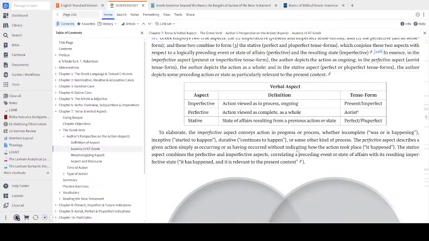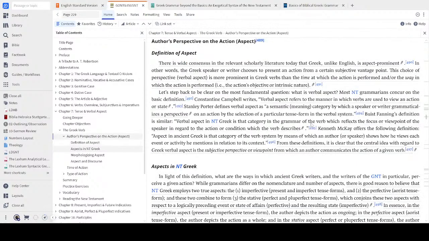When I come in here, he's got the aspect, the definition, and the tense form. I just want to make this a little bit larger so you can see it.